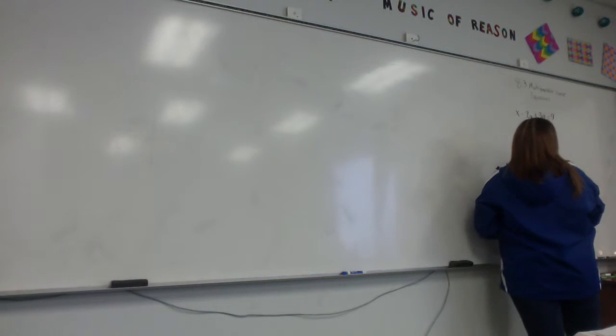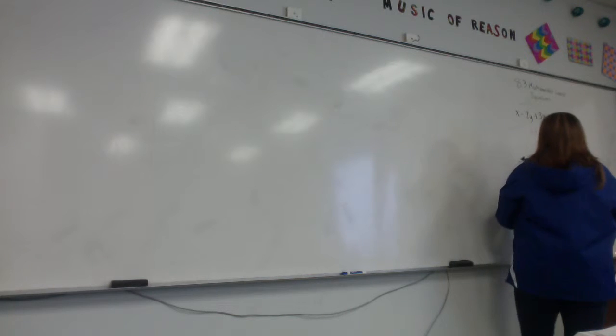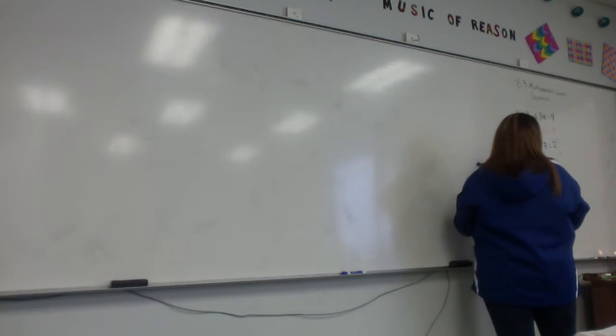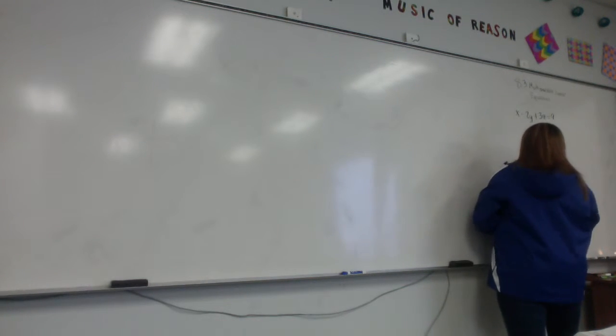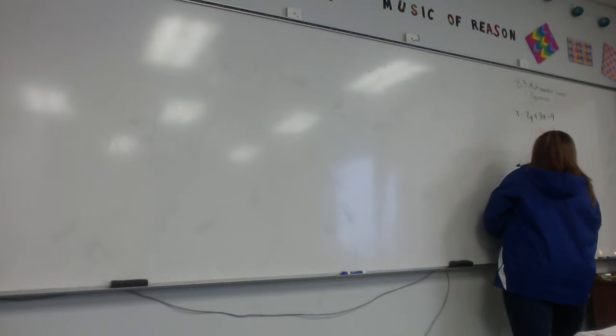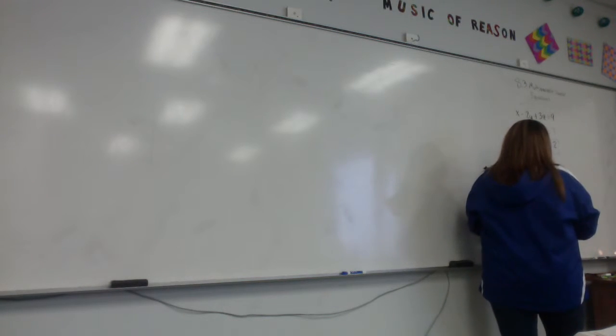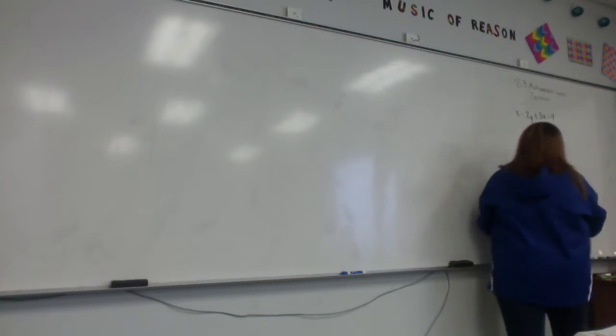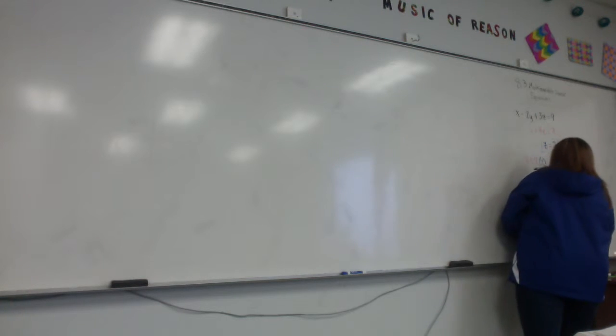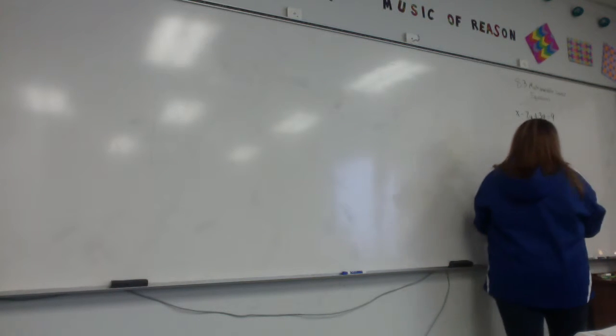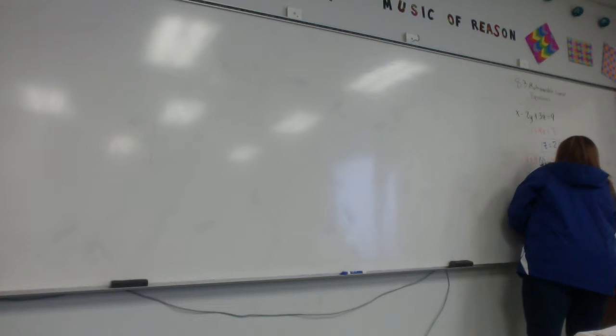So what I'm going to do is plug y and z into the black equation so I can get what x is. So I have x minus 2 times negative 1 plus 3 times 2 equals 9.